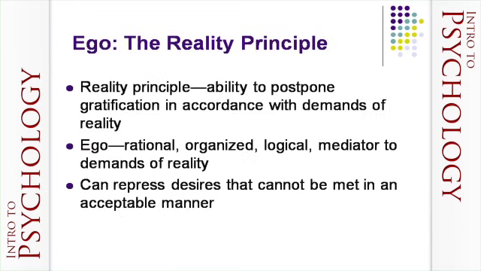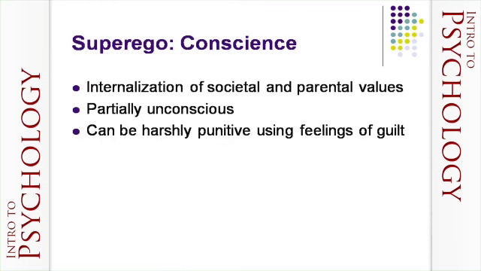Then ego, reality principle, ability to postpone gratification in accordance with demands of reality. Ego, rational, organized, logical, mediator to demands of reality, can repress desires that cannot be met in an acceptable manner. All right? Superego: internalization of societal and parental values, partially unconscious, can be harshly punitive using feelings of guilt. All right.